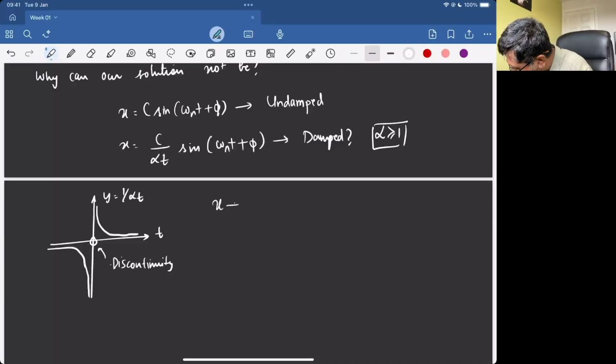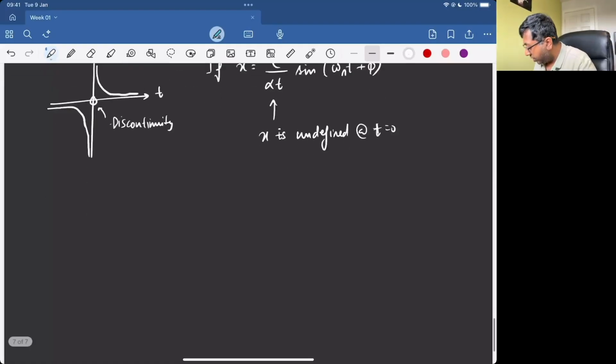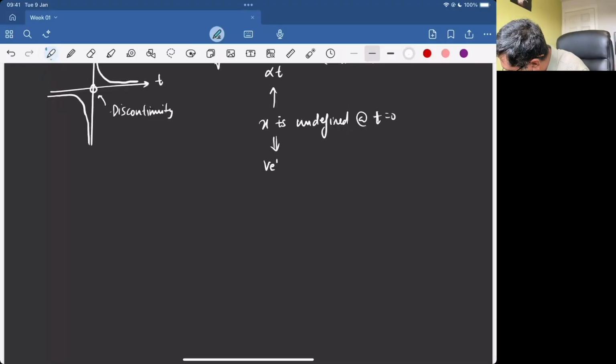So if x were to be c divided by alpha t into sine of omega n into t plus phi, that means x is undefined at time t equal to 0, which also means velocity x dot and acceleration x double dot are undefined.